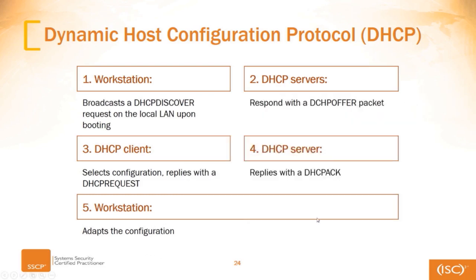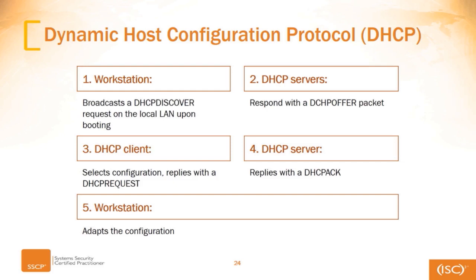I'm sending it to any machine that is available that can see me on the LAN, on the local area network, on my side of the network, in other words. And that hopefully includes at least one DHCP server, because if it doesn't, we may have a problem. We may not get back an answer that we're expecting.